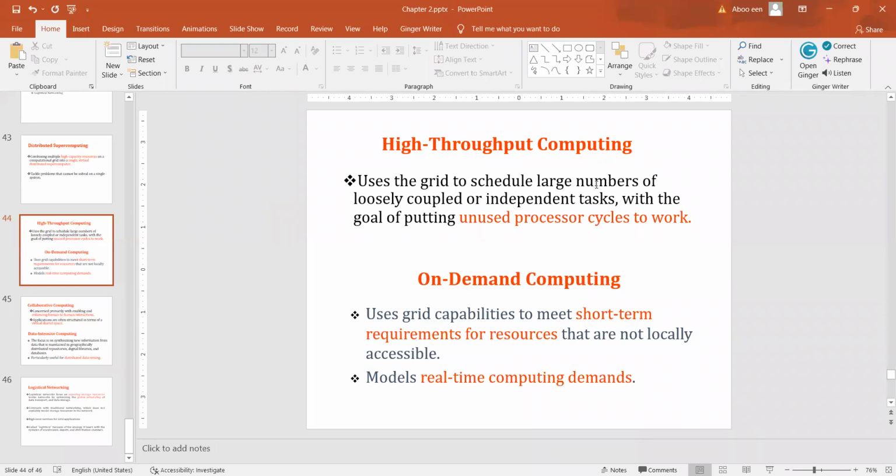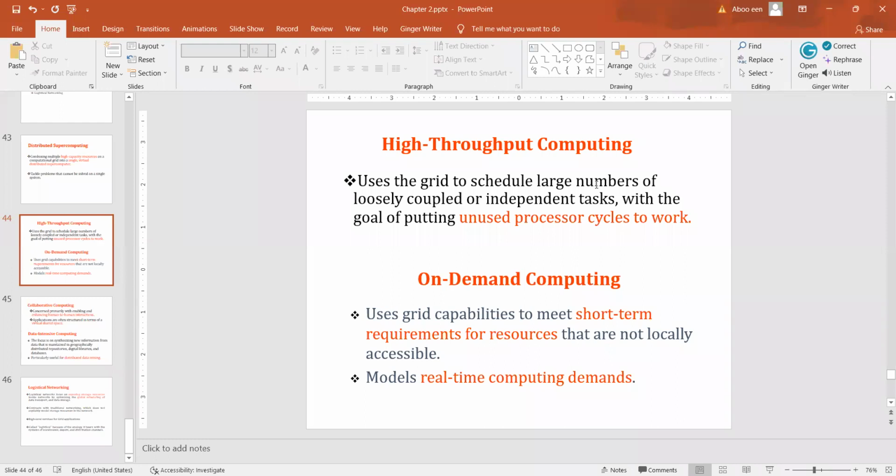So high throughput computing uses the grid to schedule a large number of loosely coupled or independent tasks with the goal of putting unused processor cycles to work. If they want to do some kind of calculations or computing in this throughput computing, they are utilizing unutilized processor cycles.